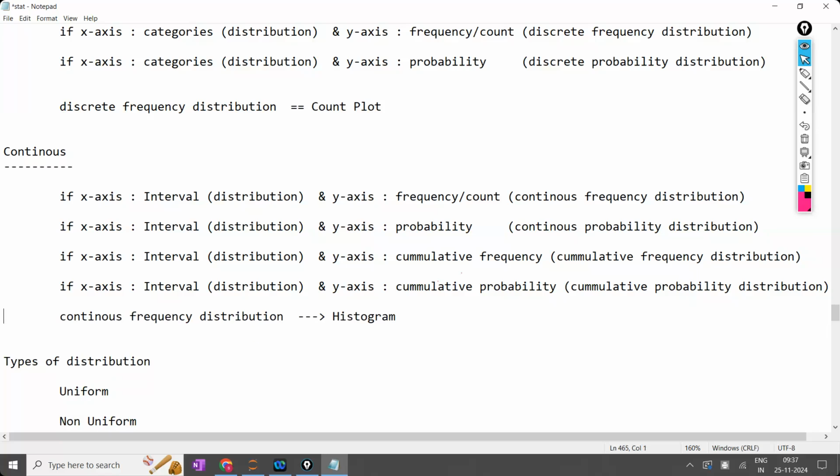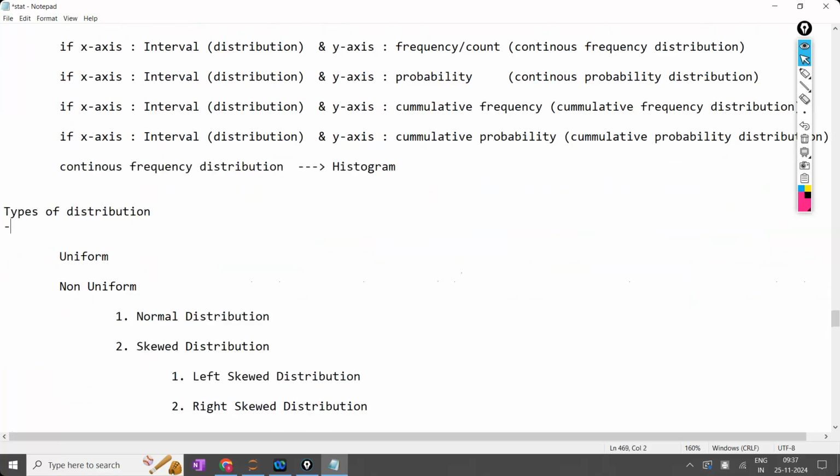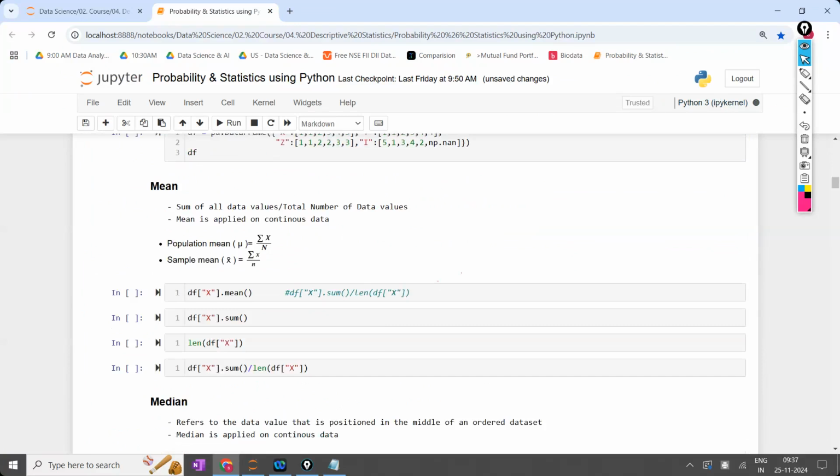Now, coming to the next point within the distribution. Already we have completed the distributions and the plots in the last class, how to make the plots and everything. So here, I'm going to consider the data set one more time.